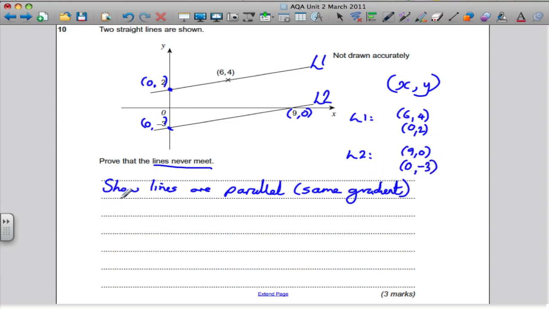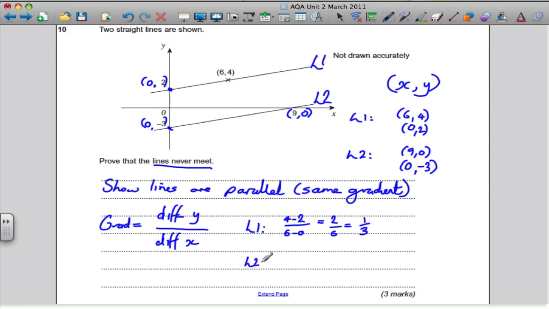Now you'll remember that the gradient of a line, there's a formula for it, is the difference in y's divided by the difference in x's. So in particular for line 1, let's take the y's away from each other. 4 take away 2, divided by 6 take away 0. 4 take away 2 is 2, 6 take away 0 is 6, so you get 2 over 6, or a third.